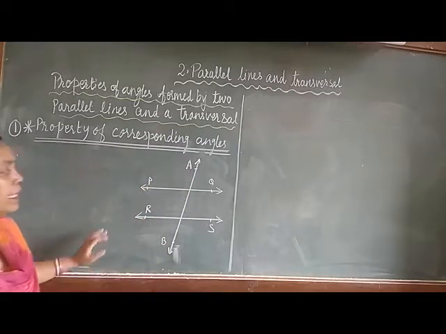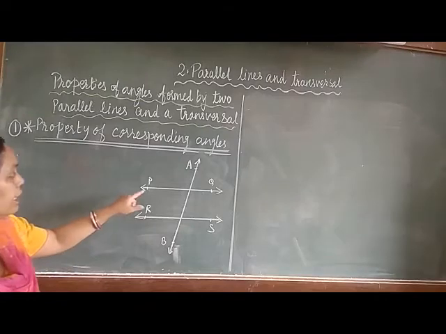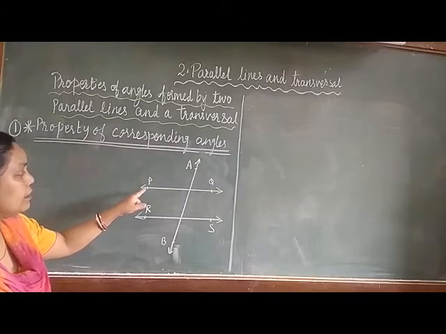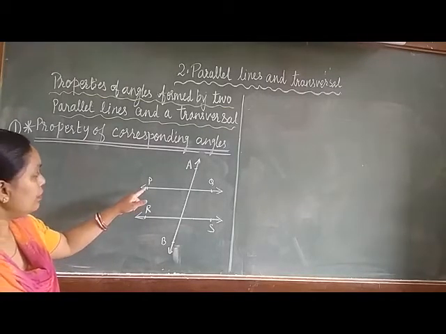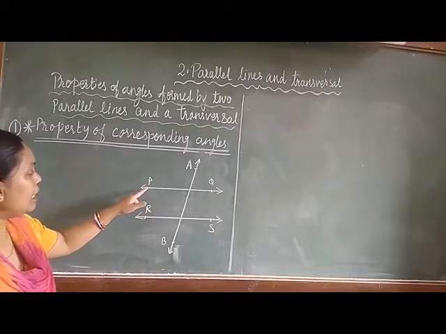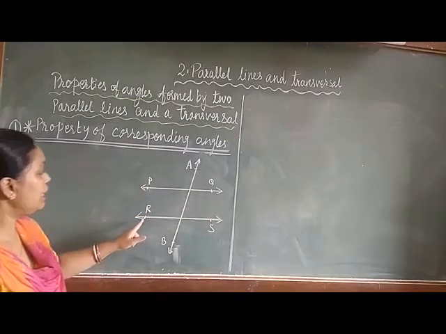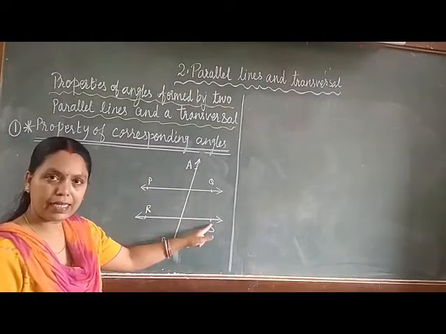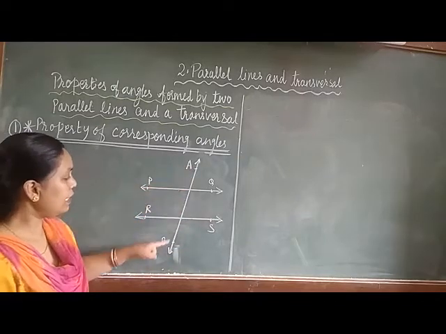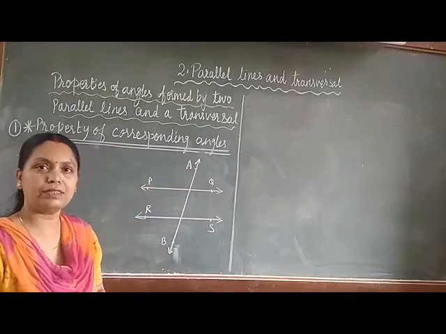Okay. So in this figure, the parallel lines are line PQ parallel to line RS, and line AB is the transversal.